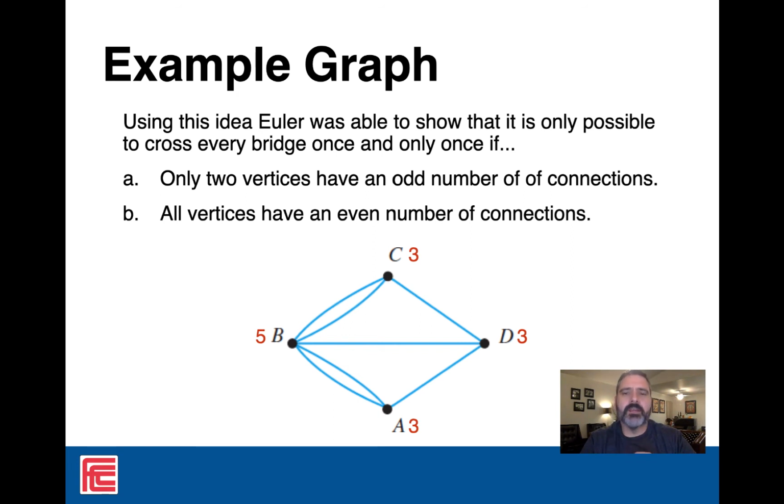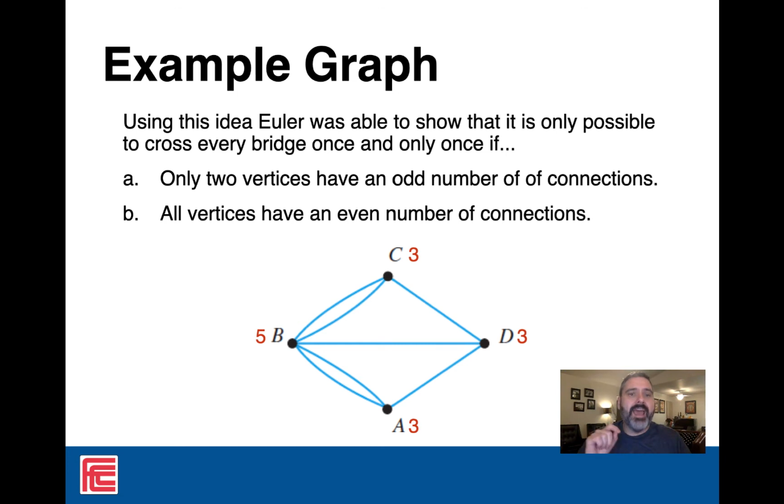And the reason for that is because then you have a starting place and an ending place, right? Like now you know where you have to start and you know where you have to end. So long as you have 2 that are odd and every other vertex has an even number of connections, then you can cross every bridge once and only once.